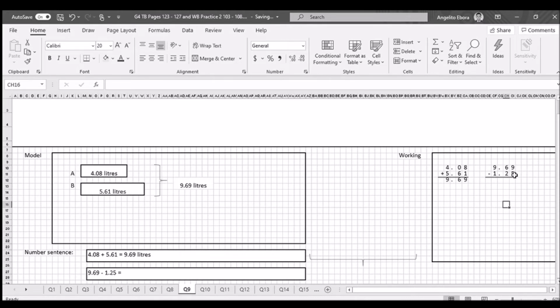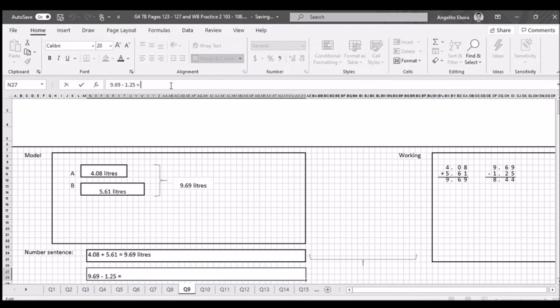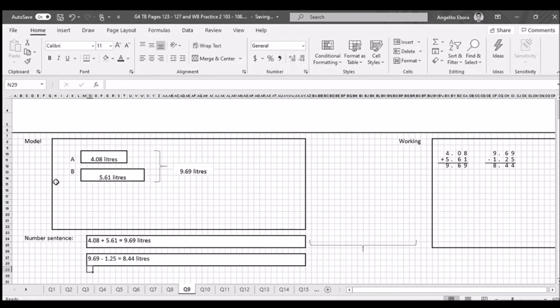So 9 minus 5 is 4. And then 6 minus 2 is 4. Decimal. This one is 8. So 8.44 liters. Right. So that's it.